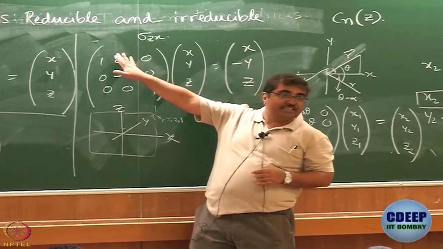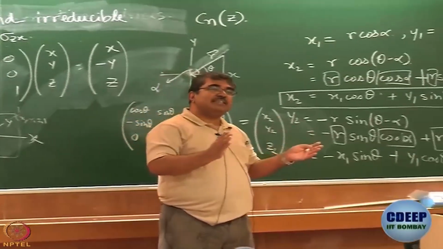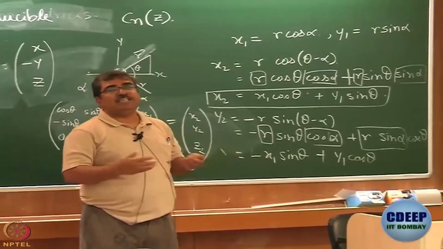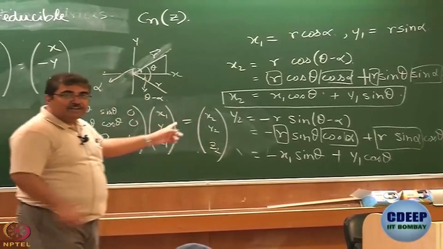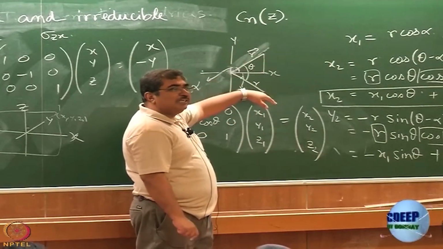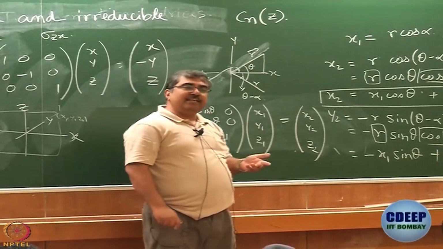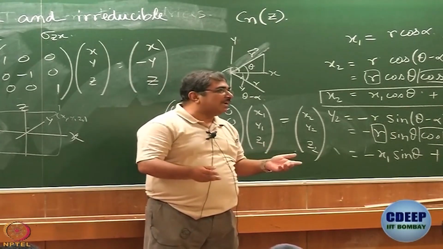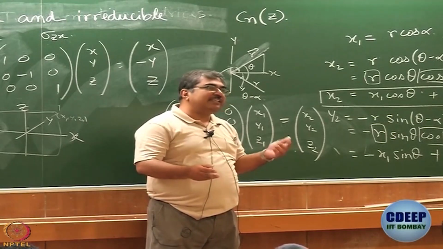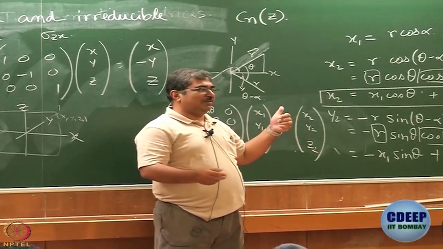When we did the reflection here, there was no mixing of coordinates, right? x either remained x or became minus x, same with y, same with z. Here, however, when you rotate, it is not very difficult to see that mixing of coordinates takes place, right? The transformed x coordinate cannot be represented just as something multiplied by x. There is a contribution of the original y coordinate also.